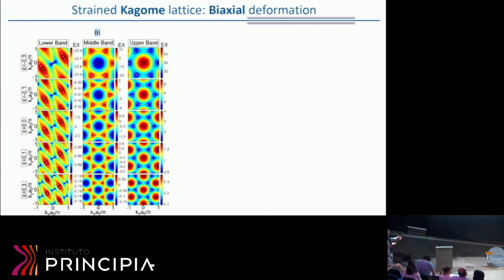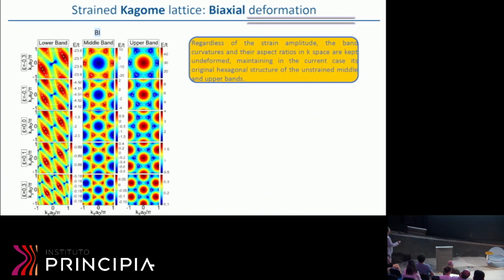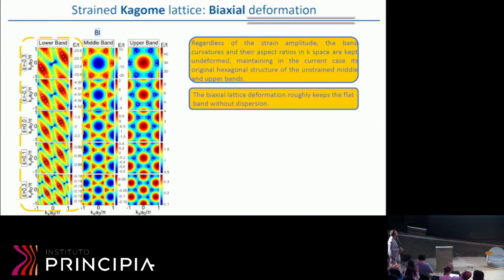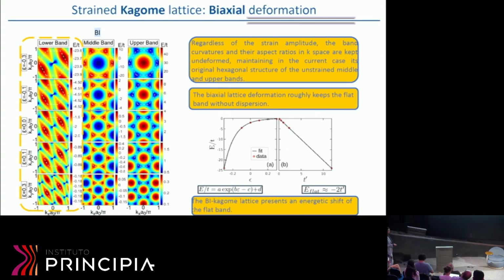And for biaxial strain, there is nothing too exciting except that your flat band, this one, gets less dispersive. If you compare the color bar, you realize that the dispersion of this quasi-flat band becomes less and less. Moreover, you can see that it's shifted in the spectrum.